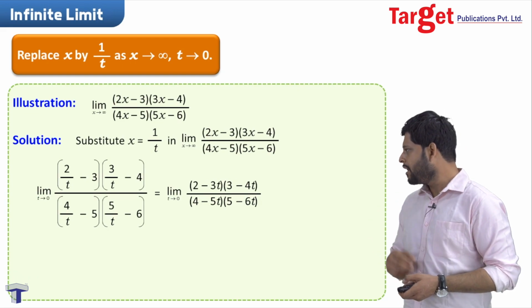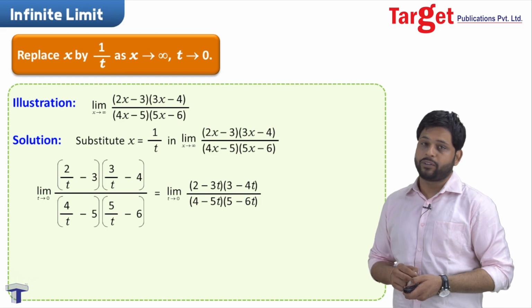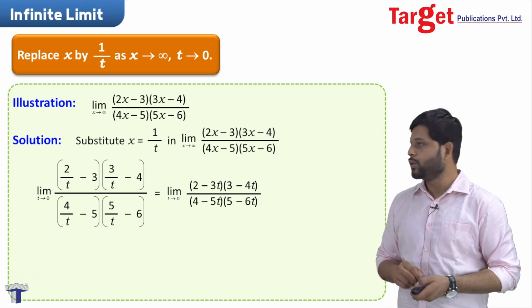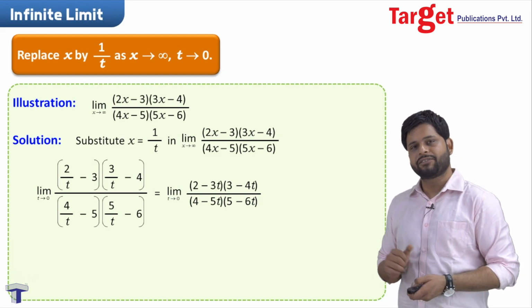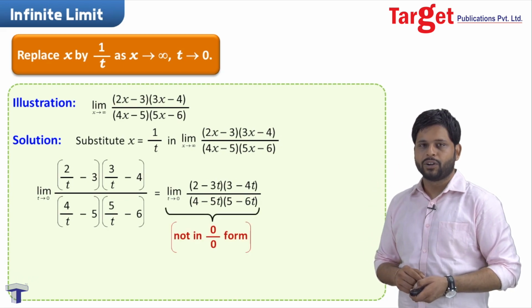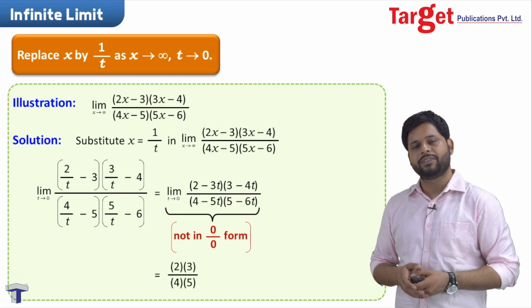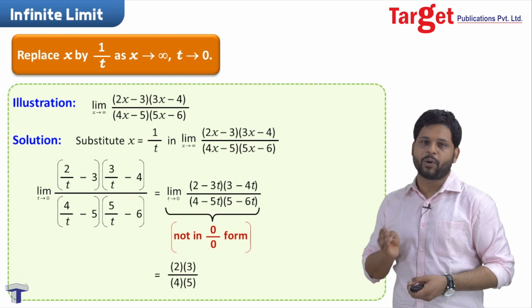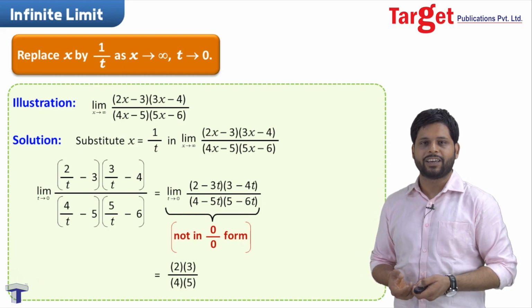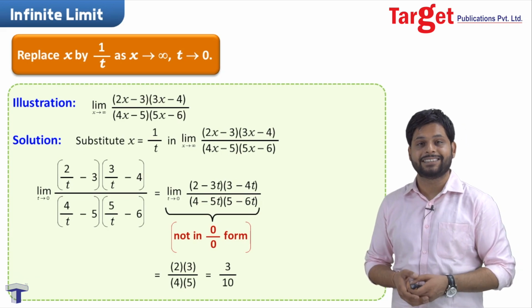Now if I substitute t approaching 0 here, we are left with 2, 3, 4 and 5, because every part containing t becomes 0. This is not a 0 by 0 form. You are only left with 2 into 3 upon 4 into 5, so the answer is 3 by 10.